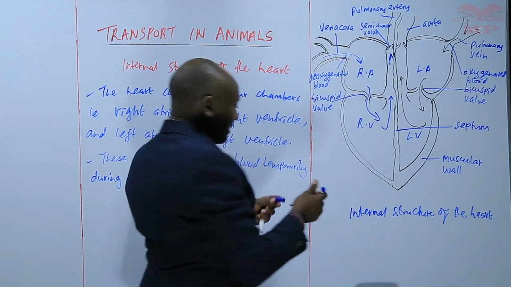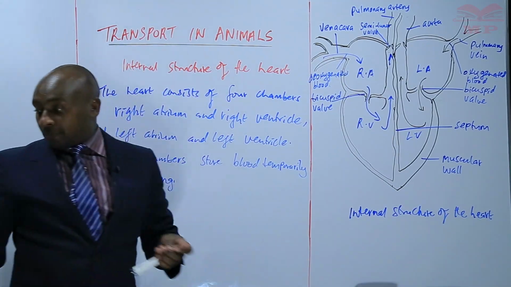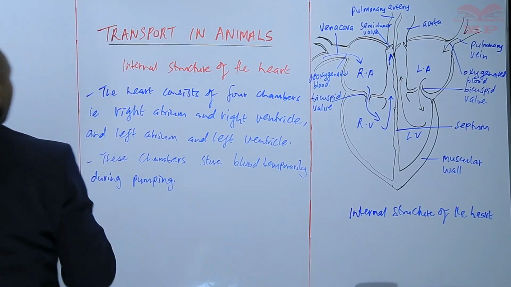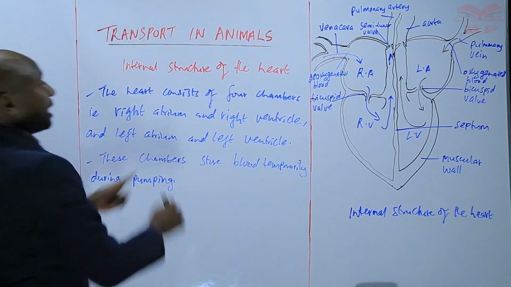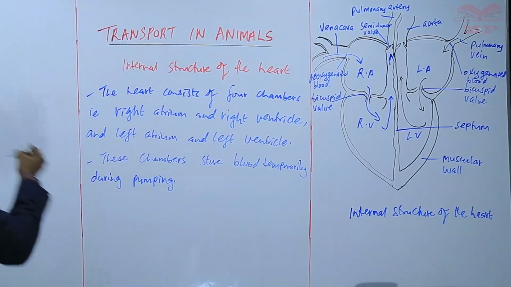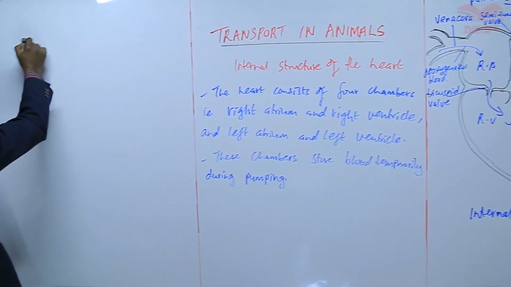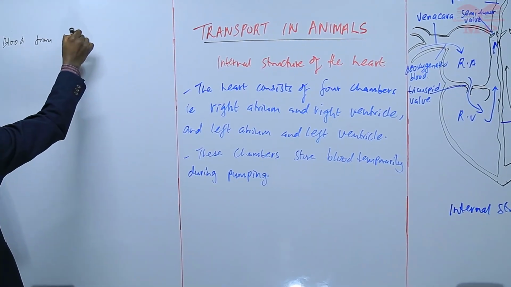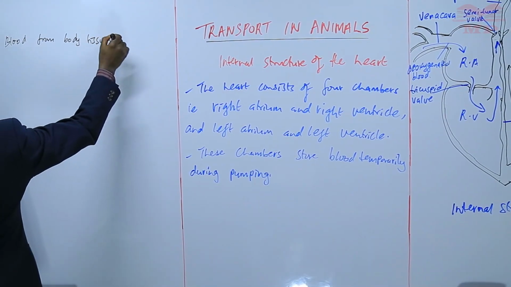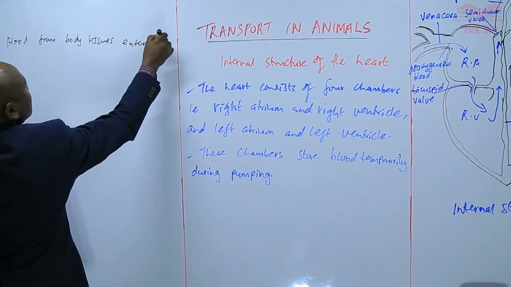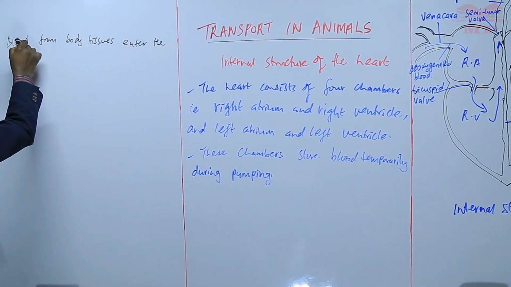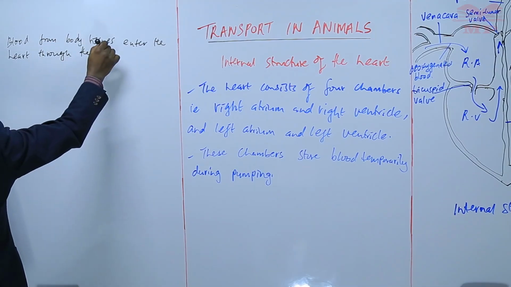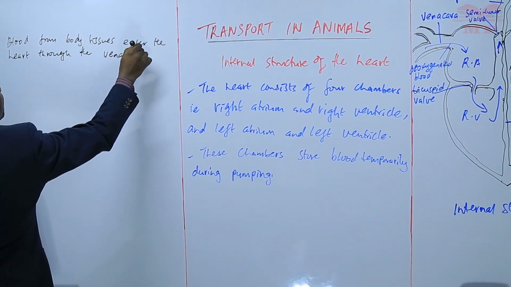So just to explain that diagram, how the blood circulates within the heart: blood from the body tissues enters the heart through the vena cava, which is the main vein.